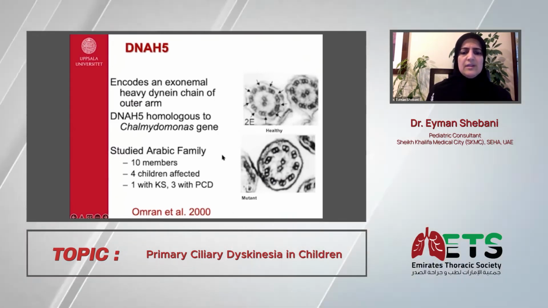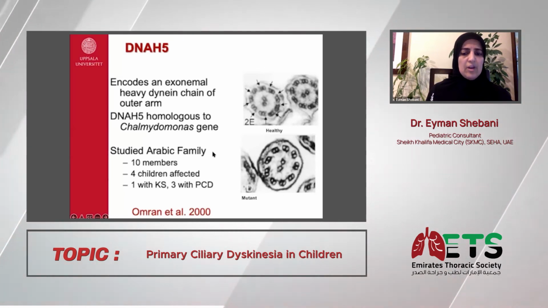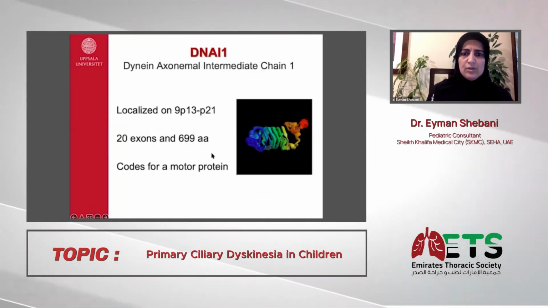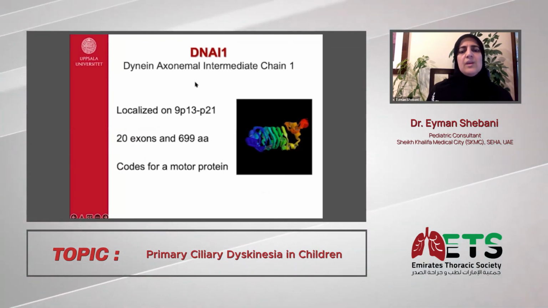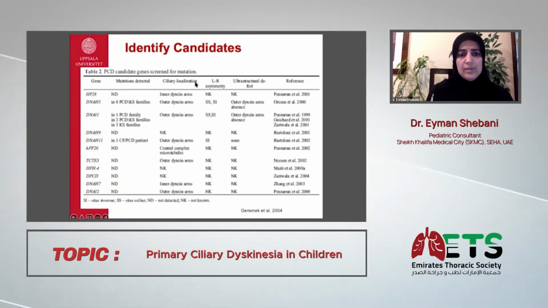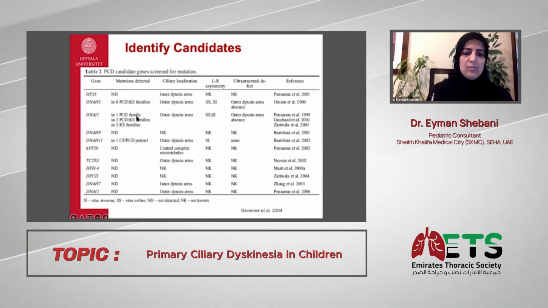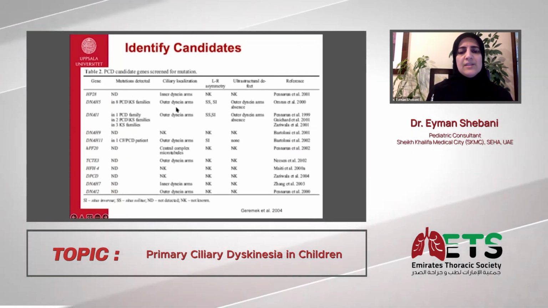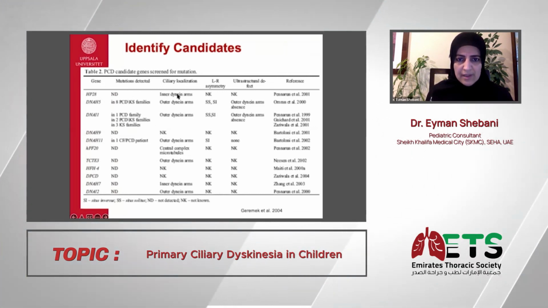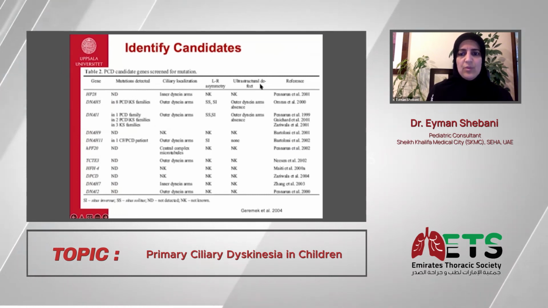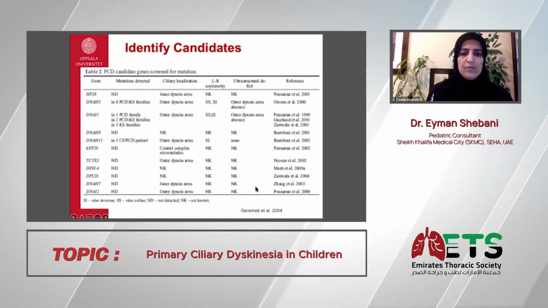This was a study done on an Arabic family of 10 members, published by Omran in the year 2000. These were the first genes to be identified. Over the years, more and more genes were identified, and they also identified which part of the defect they were responsible for, what ultrastructure they encoded.